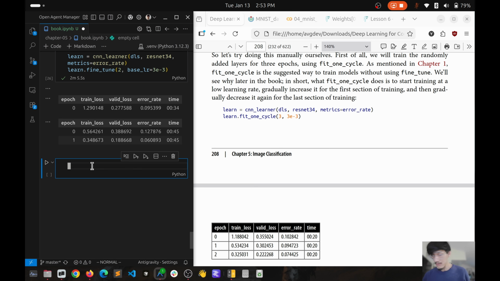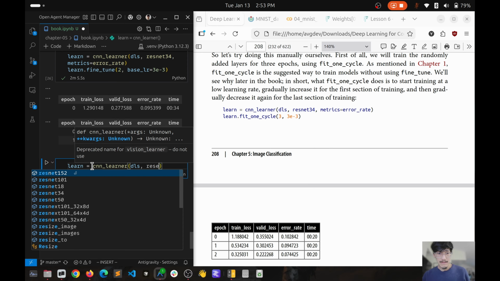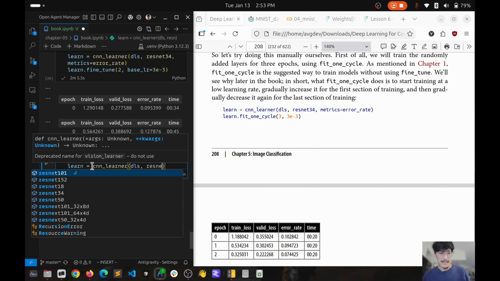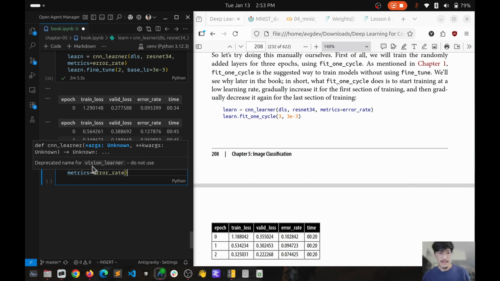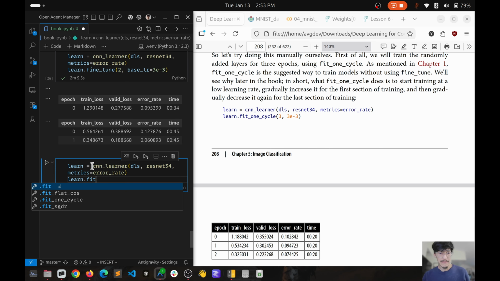What we can do is learn equals cnn_learner, dls, resnet34, metrics error_rate, and then we could do learn.fit_one_cycle for 3 epochs at a 3e-3 learning rate.